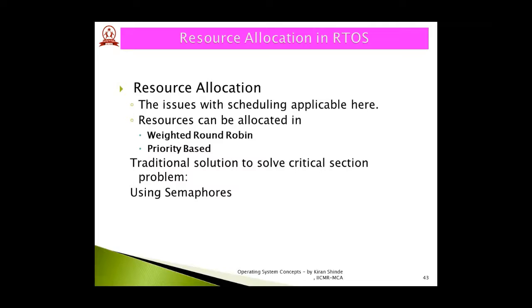Now, the traditional solution to the critical section problem, as we also know, is using semaphores. Why have I directly jumped to the critical section topic? Because in my process synchronization video, you must have seen that when more than one process tries to use a resource at the same time, how that problem can be solved by making use of a semaphore.